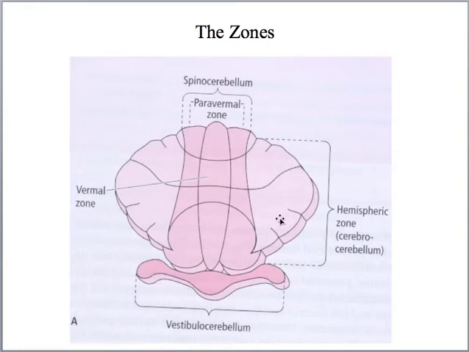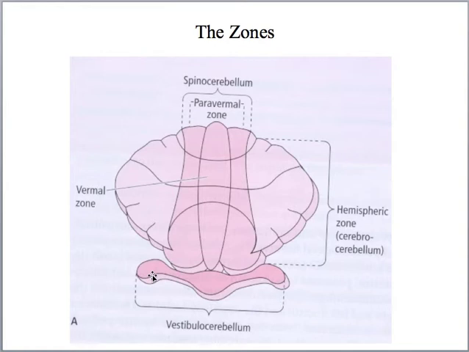The areas here, the cerebrocerebellum, this is where these middle cerebellar peduncles are going to synapse into this area of the cerebellum. They're the vestibular cerebellum right here. Okay, and so this right here would be your flocculonodular lobe.